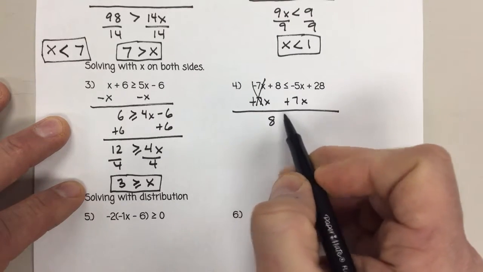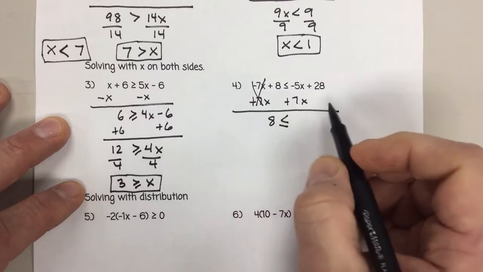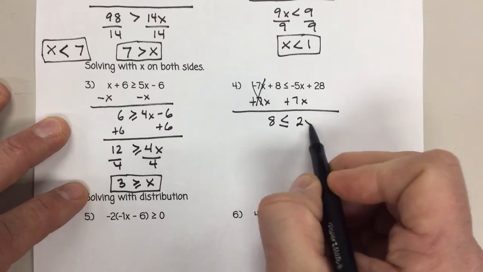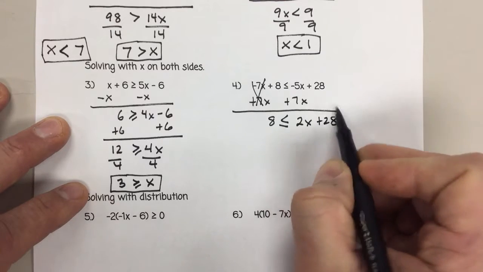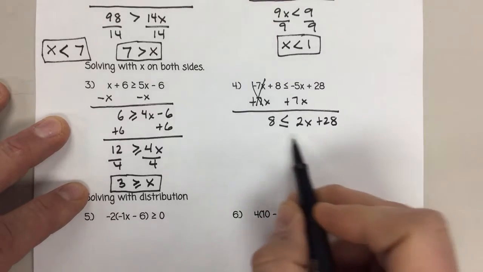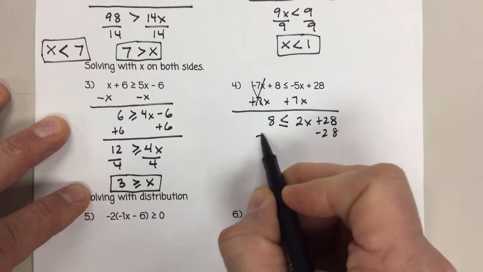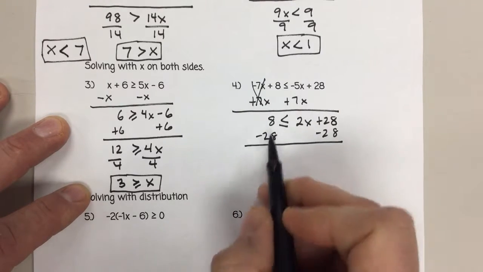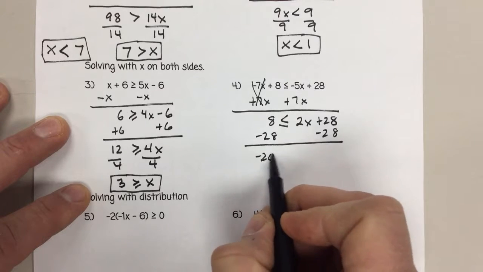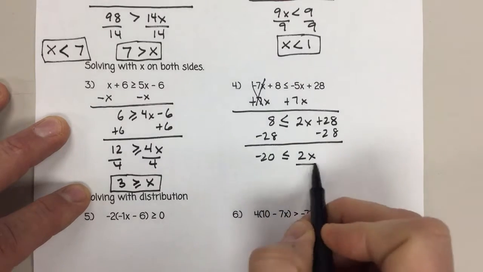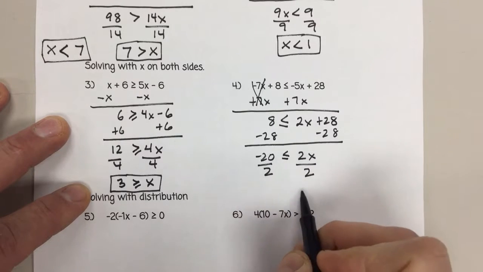This side has 8 less than or equal to negative 5x plus 7x, which is 2x, and then plus 28 stays. Now it is the simple two-step inequality. Subtract 28 from both sides. 8 minus 28 is negative 20. And now divide both sides by 2.